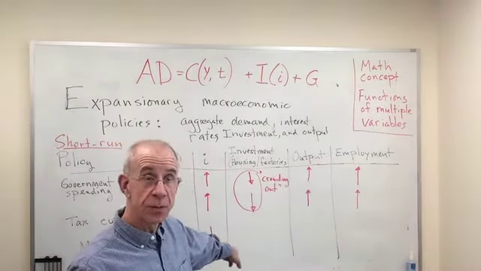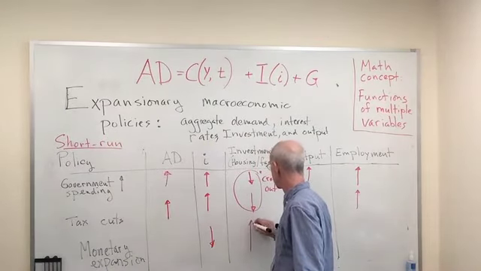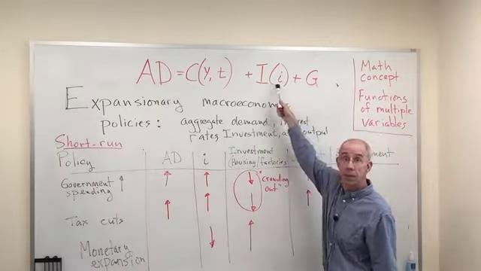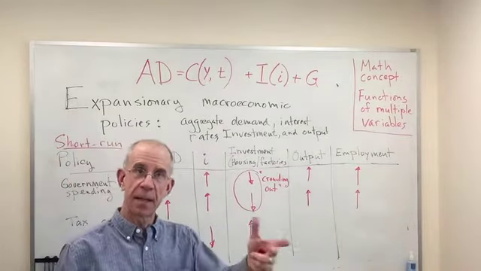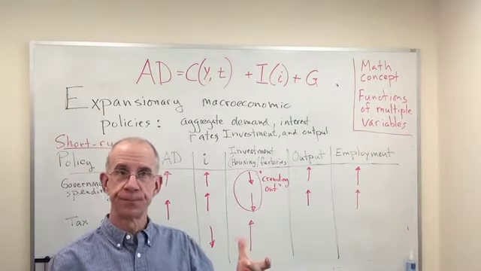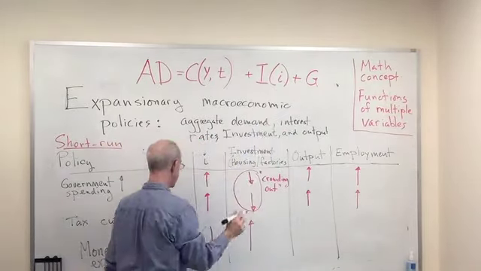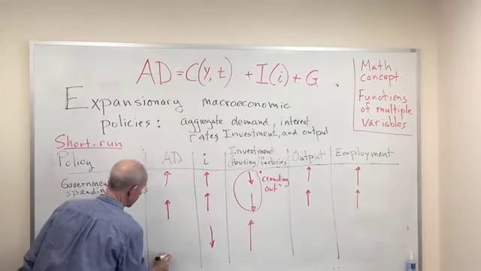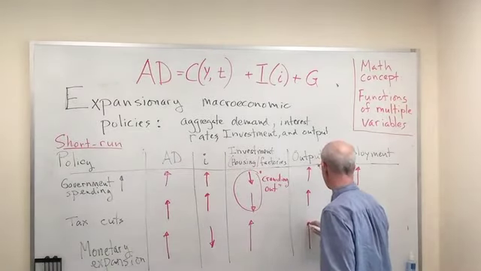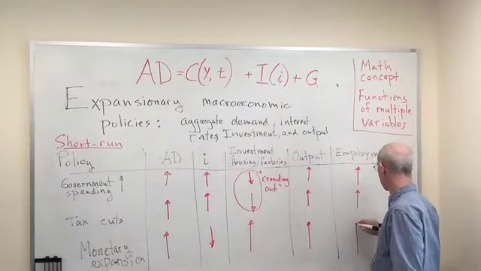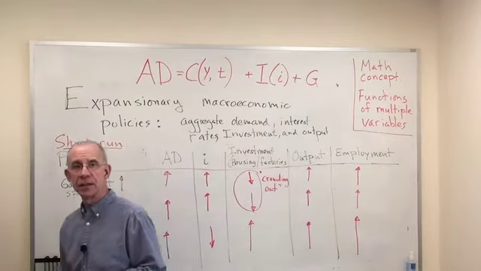The falling interest rate will tend to increase investment. So this part, people buy that house, expand that company because interest rates are lower. This increase in investment tends to result in an increase in aggregate demand, an increase in output, an increase in employment.